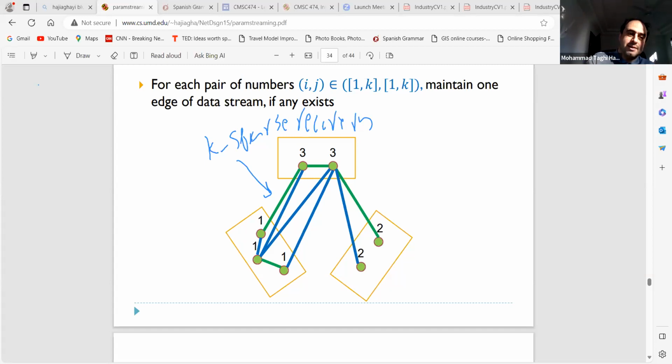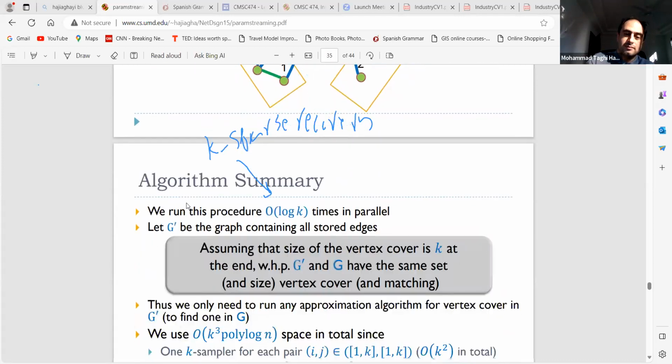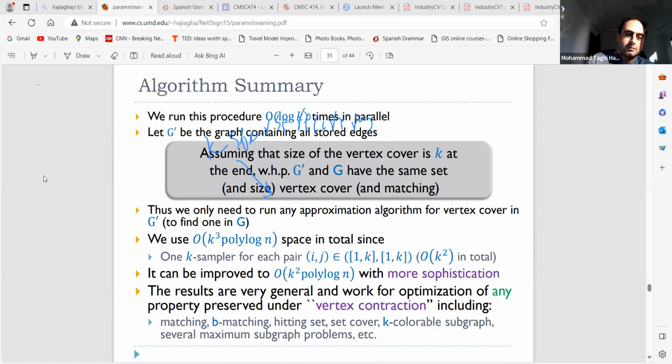So the total space would be k to the 2 pairs, times k times k because of this sparse recovery, which would be k to the 3. However, you can show that you can improve this from k to the 3 to k to the 2.